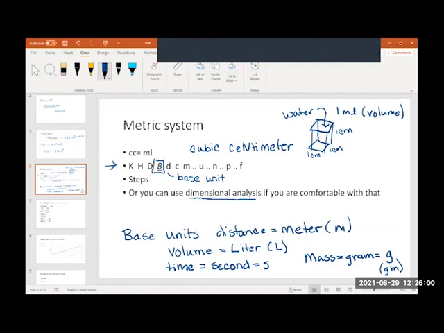Now, King Henry slider, why do we call it that? It's because there is an acronym to remember all of these letters in order. They go from left to right.